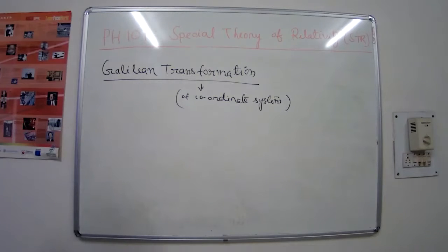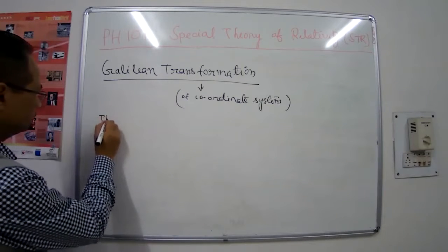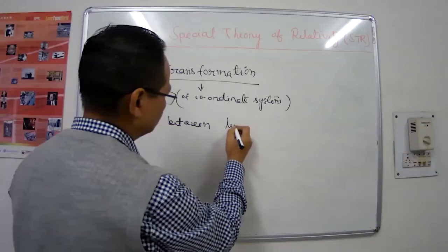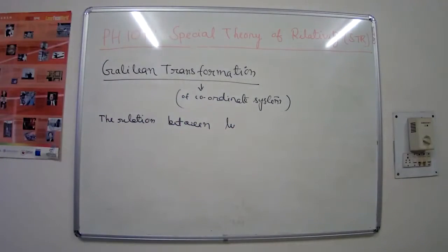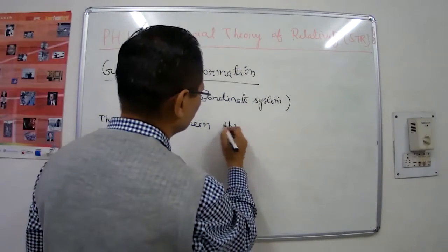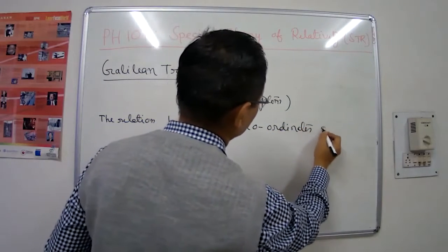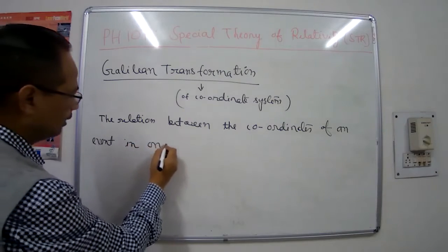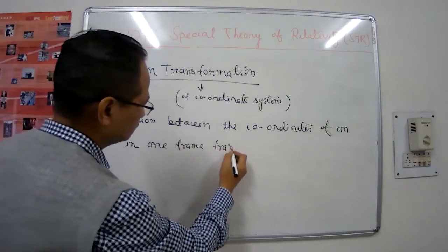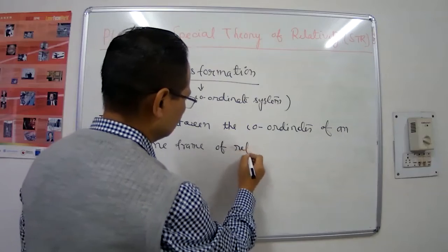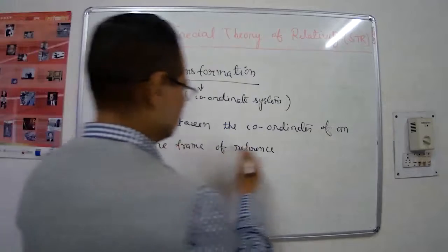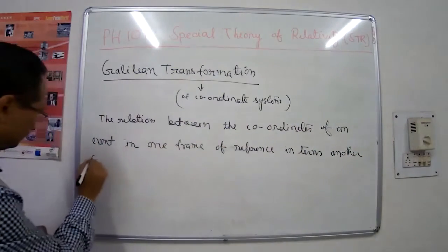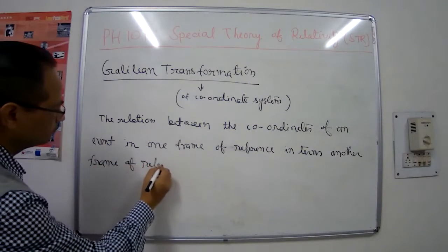So if we are talking about the transformation, as I said, it is the relation between the coordinates of an event in one frame of reference in terms of another frame of reference.